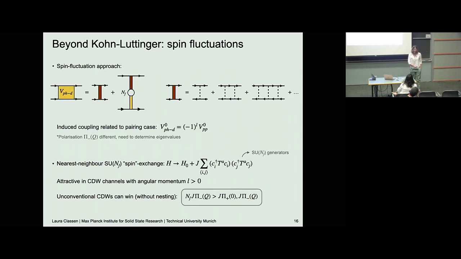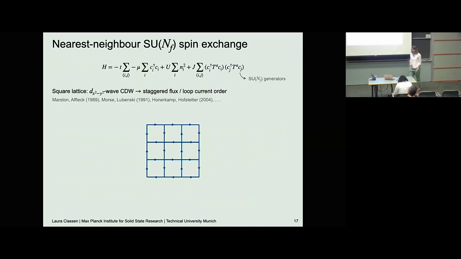In particular, in that case, you don't need nesting for them to win. You just need to overcome the logarithm that you may have in the Cooper channel, for example.